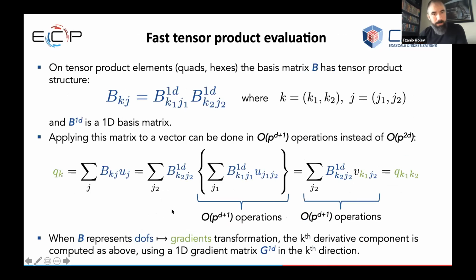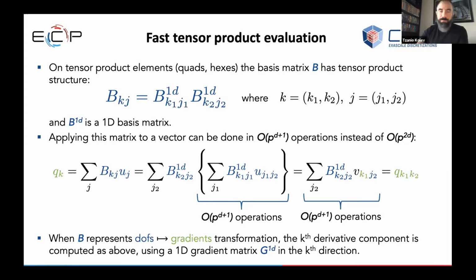And one other detail, if you are on tensor product elements, you don't assemble and store this B operation, the degrees of freedom to quadrature points, either. Instead, you use something called sum factorization to apply it much faster. And instead of a complexity of O(p^(2d)), p being the order, you get away with only O(p^d) memory transfers and O(p^(d+1)) operations, flops.